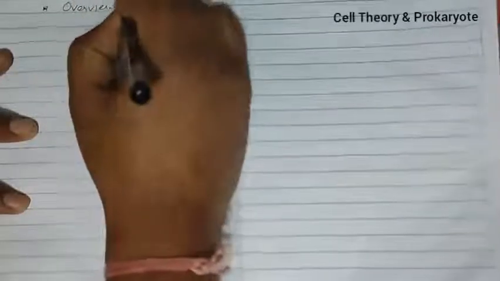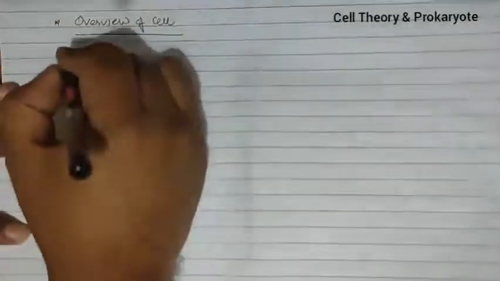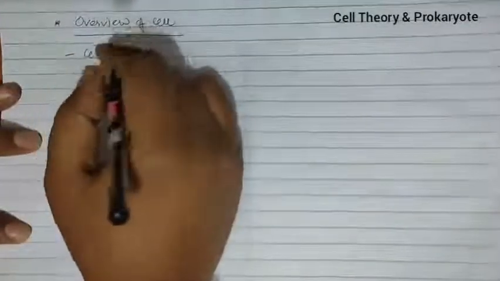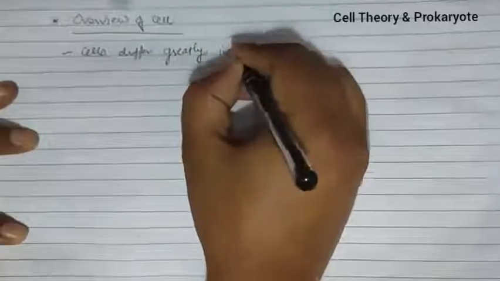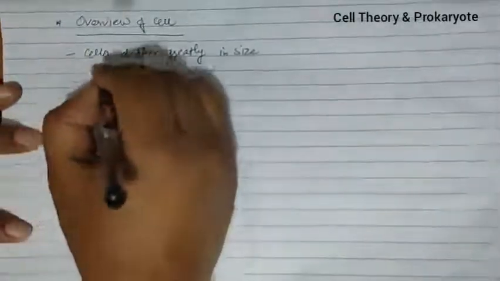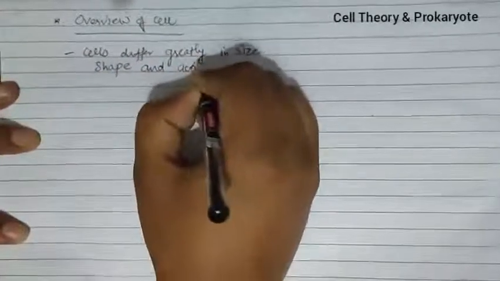Now we talk about some points regarding the overview of the cell. When we note down some points with respect to the overview of the cell, we find that cells differ greatly in size, shape and activities.